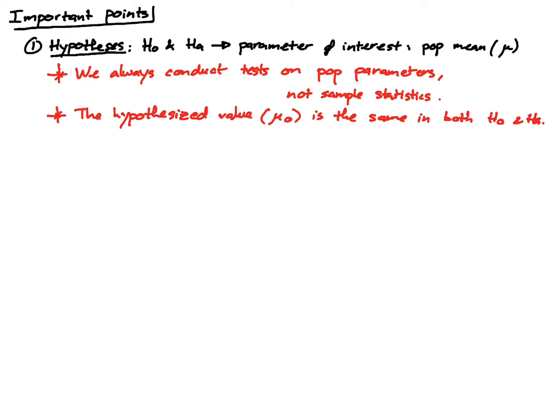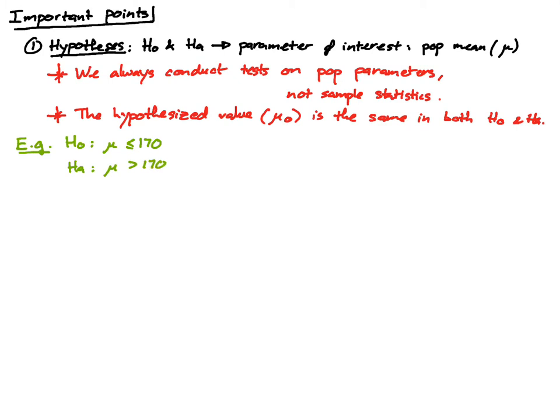Recall we did an example where a professor claims that it takes less than 170 minutes on average to finish a test. In that example, the statement that goes in the null was the population mean is less than or equal to 170, and the statement that goes into the alternative hypothesis is that the population mean is greater than 170.